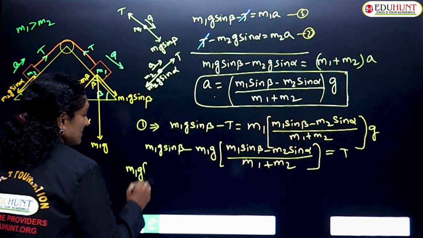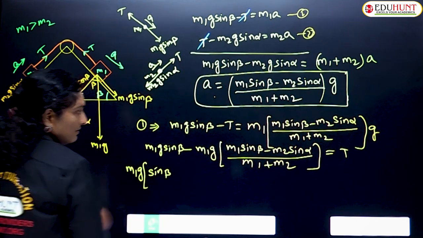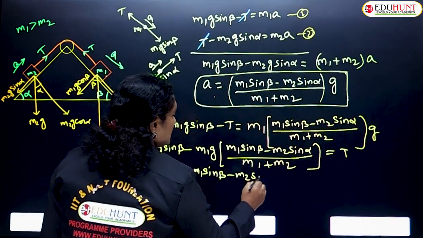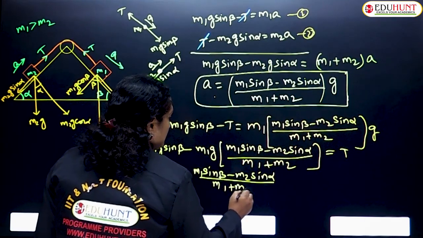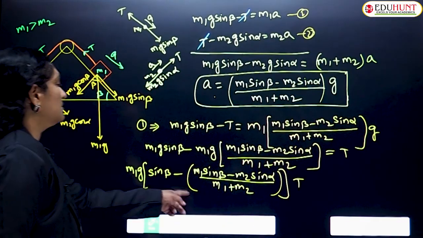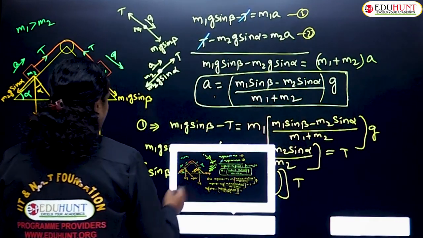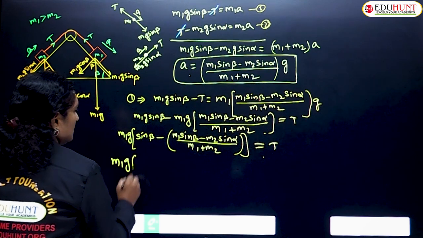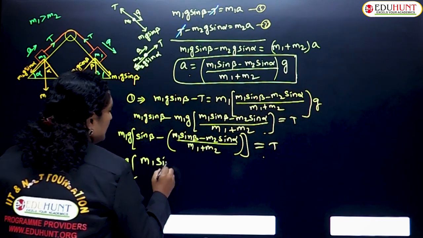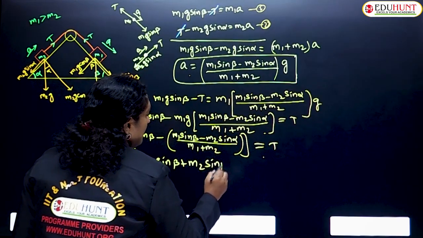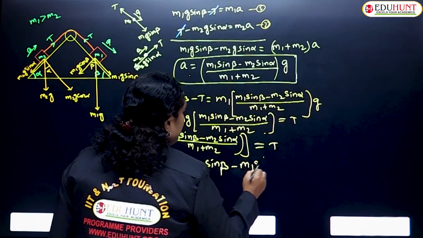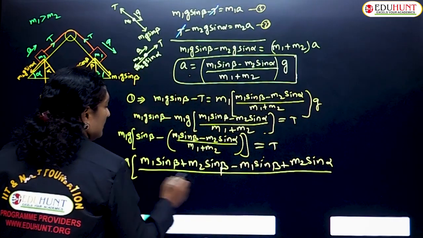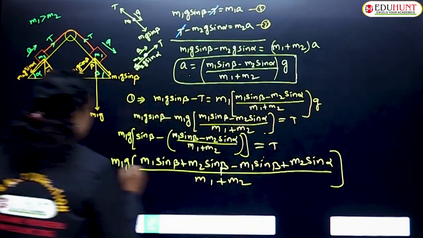Then taking out M1g as common, here we are left with sin beta minus (M1 sin beta minus M2 sin alpha) by (M1 plus M2) is the value of T. Simplifying this, children, you may get the value of T as M1g into, taking the LCM, (M1 sin beta plus M2 sin beta minus M1 sin beta, minus and minus will be plus M2 sin alpha) whole upon (M1 plus M2) is the value of T.